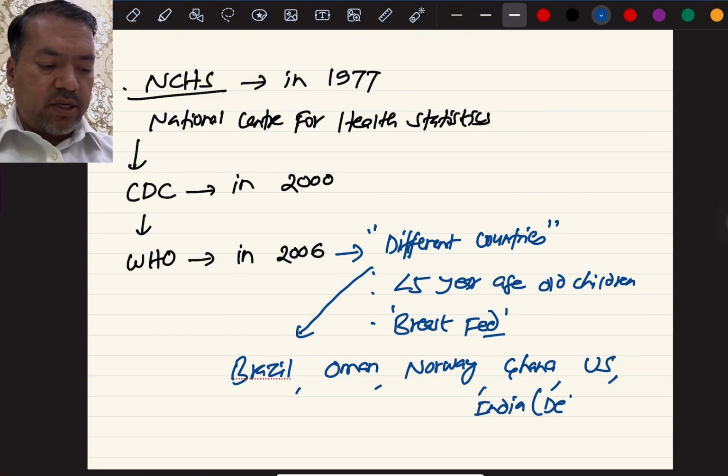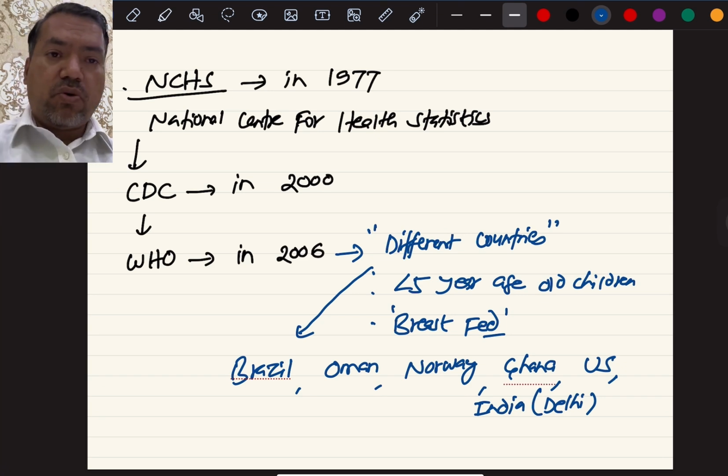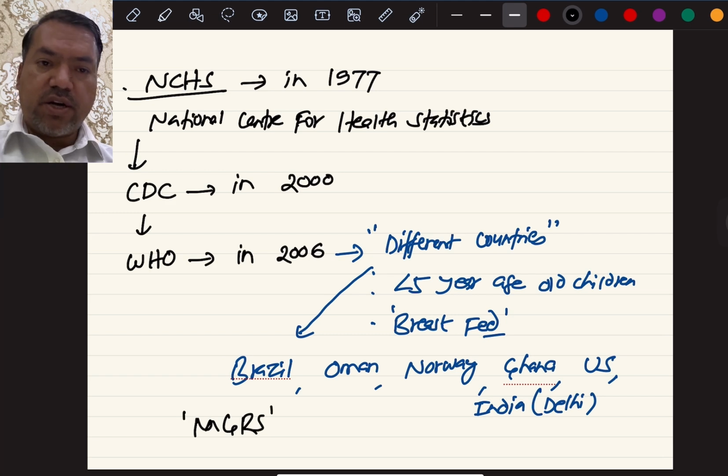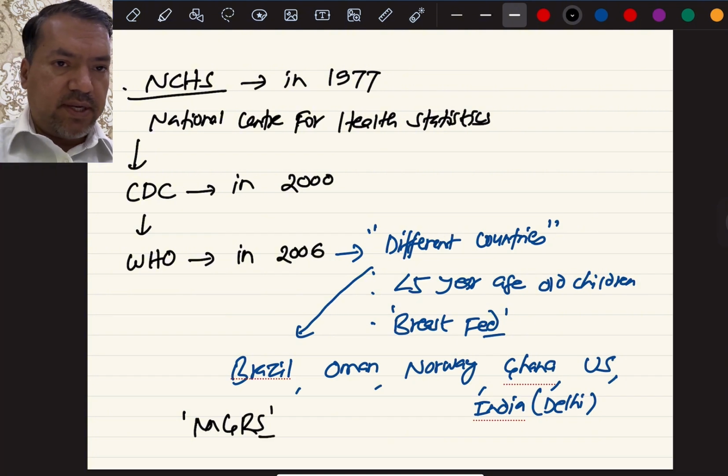In India, especially, it was done in Delhi, okay. So these are the countries where this study was done, and this is also known as multicentric, okay. This is MGRS study, multicentric growth reference study, okay. So this is very commonly followed all over the world these days.